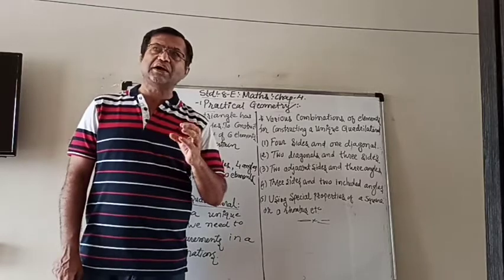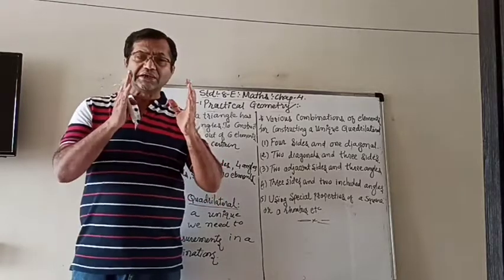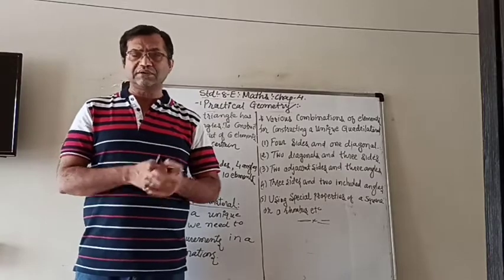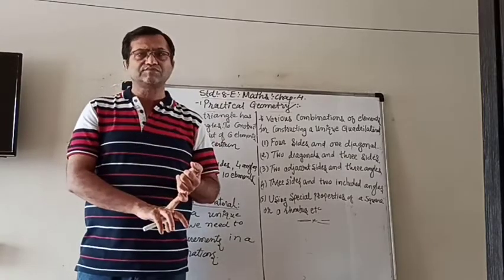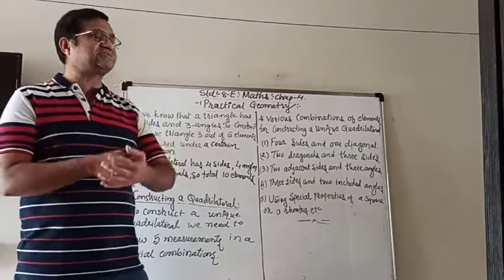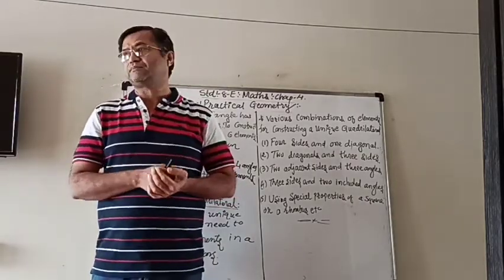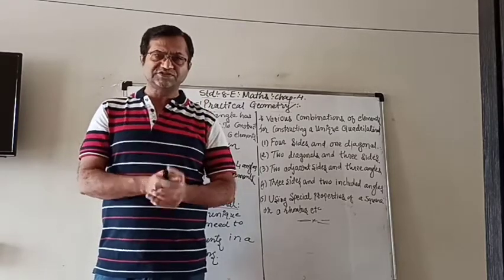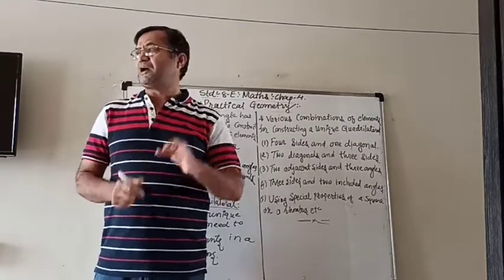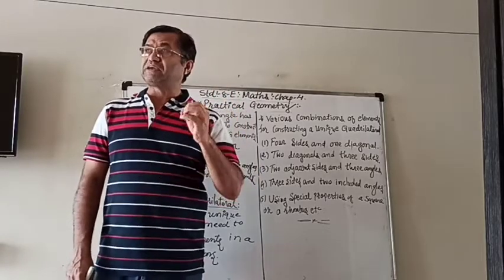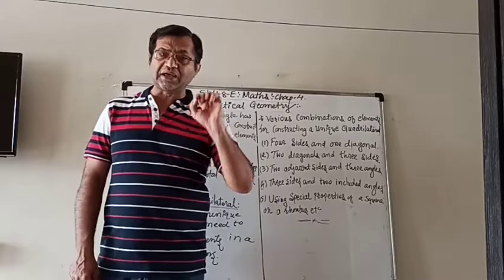It means that they will give you a combination, not any 3, but maybe any 3 sides, or 2 sides and an angle, or 2 angles and a side, etc. So under a certain combination, if the 3 elements of the triangle are given, we can construct a triangle uniquely.